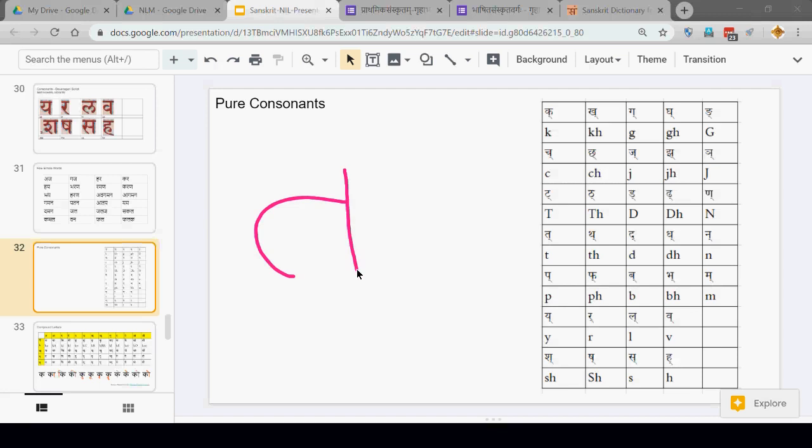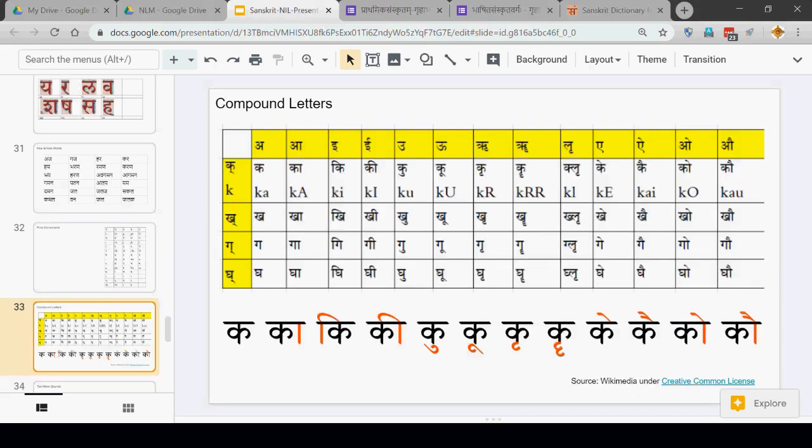So ta, this is the ta symbol which is shown here, and to make it tu, we add this additional symbol at the bottom, tu. The next one is the long oo sound, like cool or pool.